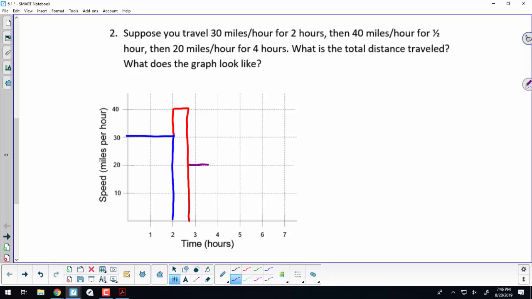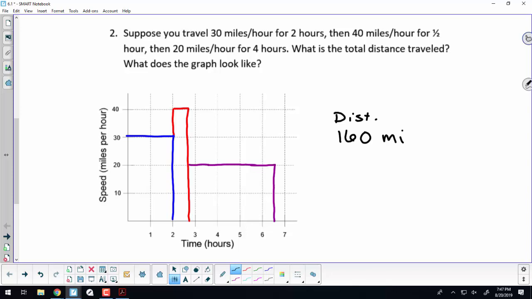Where would we end up? We have 2.5, 6.5, there. Close enough. So the total distance traveled would be what? 160 miles.